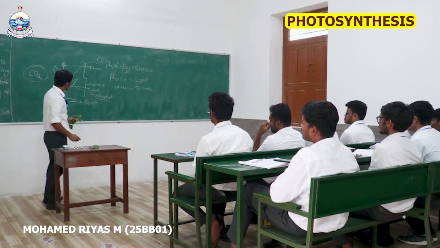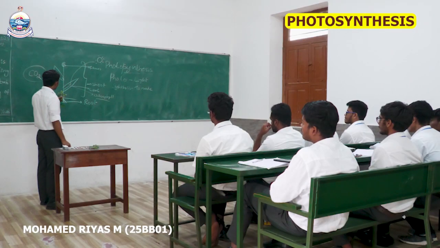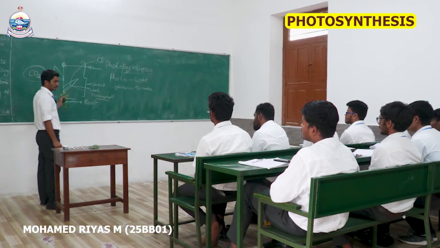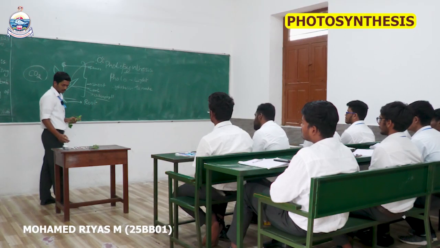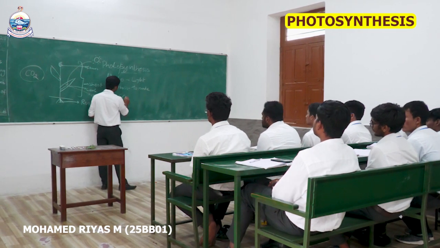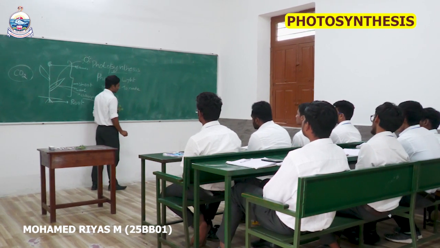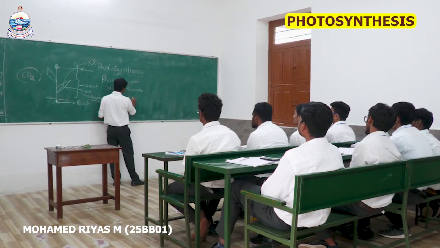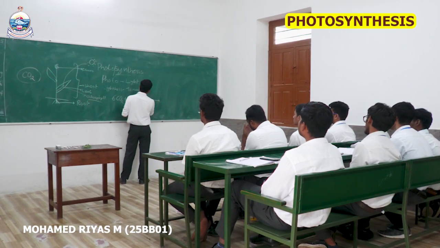So when we move to the equation of this process, we can conclude: 6 carbon dioxide plus 6 H2O in the presence of sunlight.